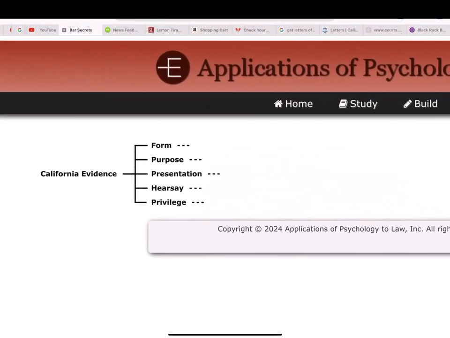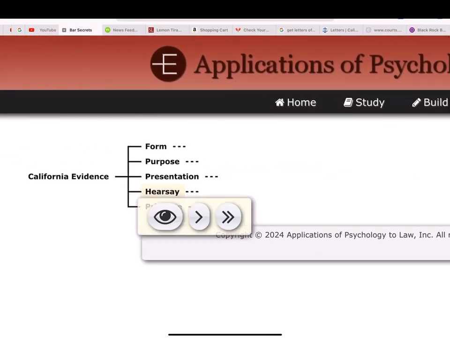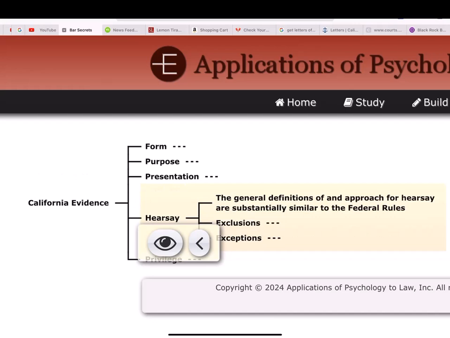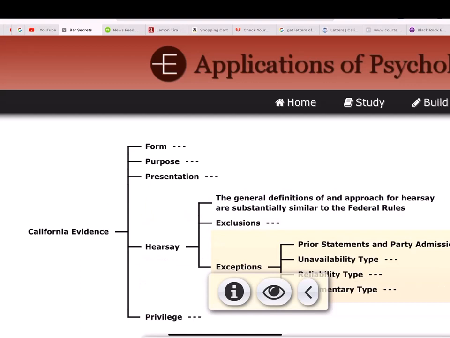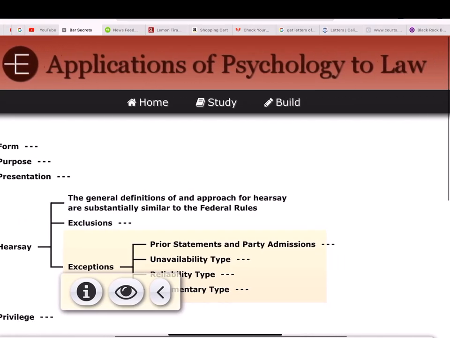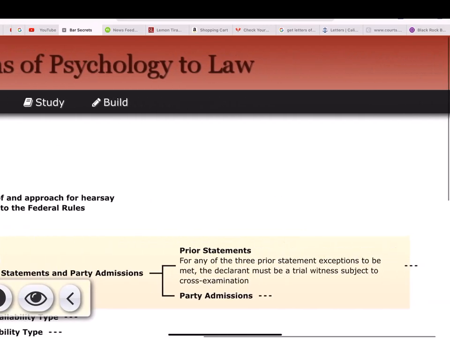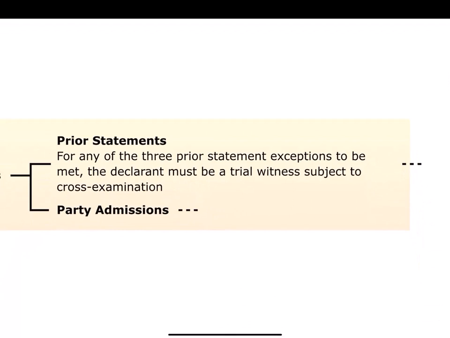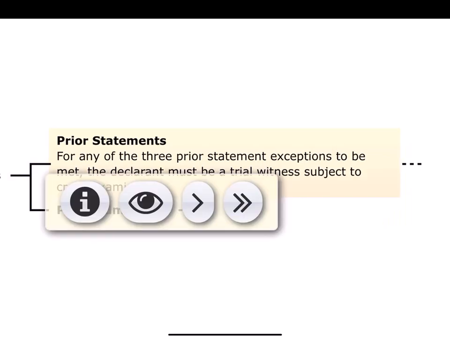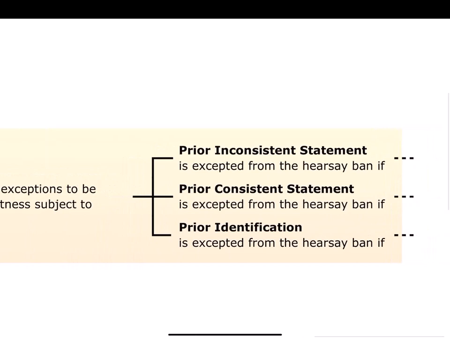There we go. This is a prior inconsistent statement being used to impeach this witness. So I'm going to go to hearsay because this is an out-of-court statement with which she's being impeached, I'm going to exceptions to prior statements. She is a trial witness subject to cross. So what do we have here? Prior inconsistent statement.